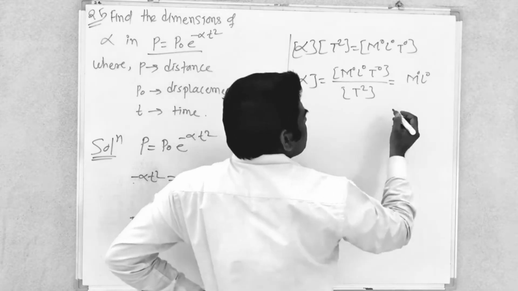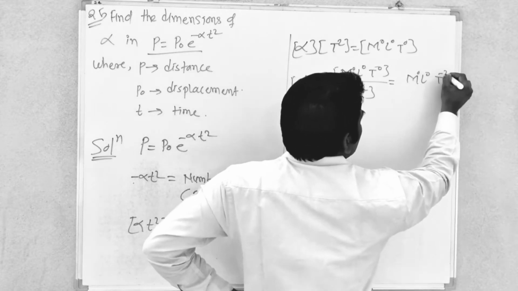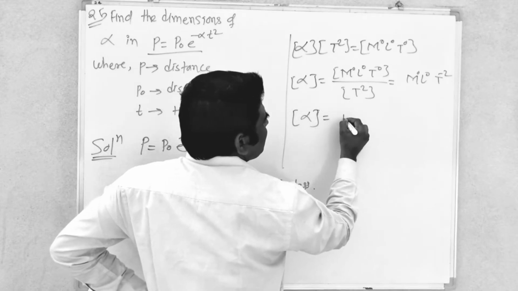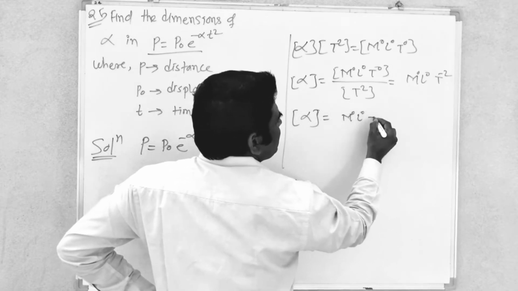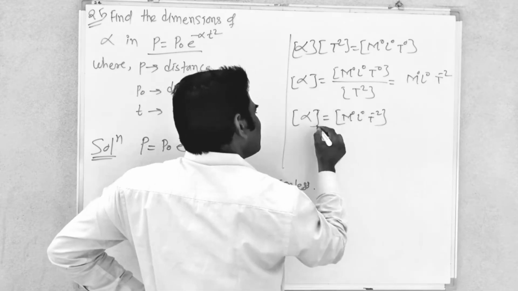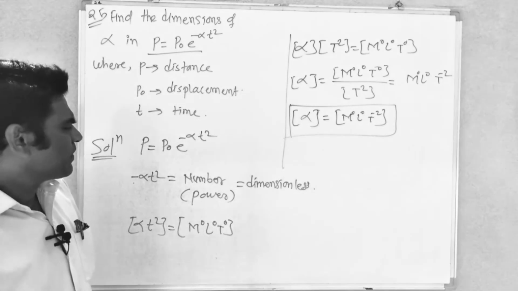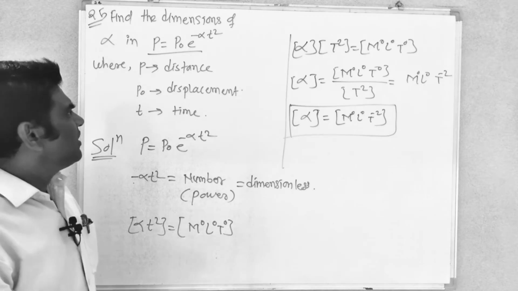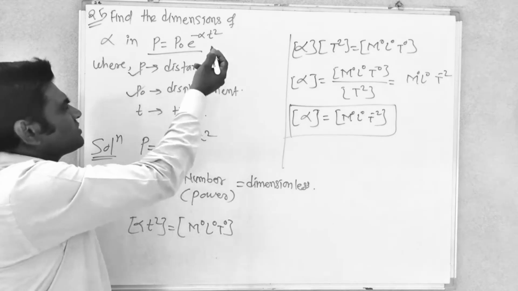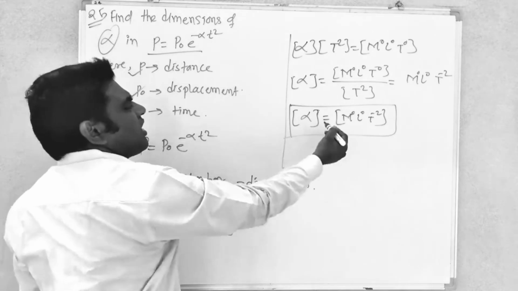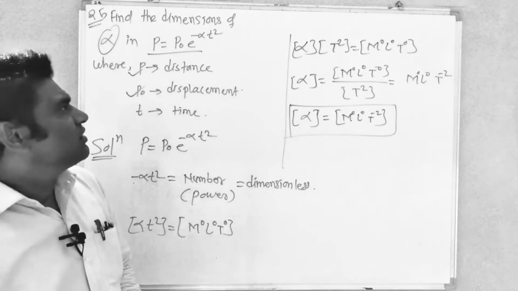So the dimensions of alpha are M0 L0 T to the power minus 2, minus 2 in time. Clear? No need to use this and this, because further they have not asked anything, they have asked only to find the dimension of alpha, and we have got the dimension of alpha.